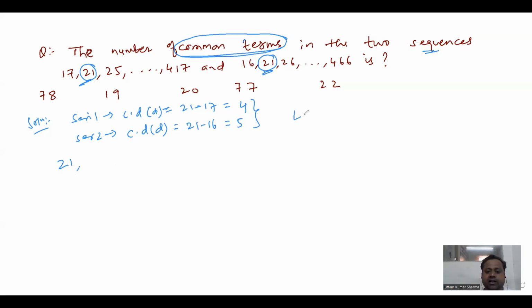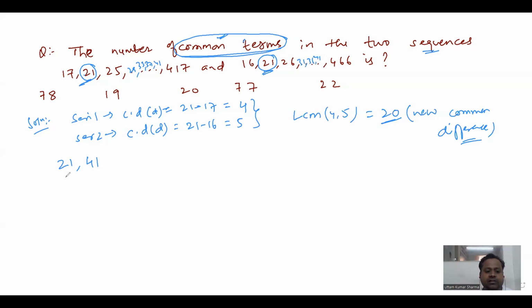And after that, the LCM of these two common differences, that is 4 and 5, which is 20, would be the new common difference. Are you understanding? The new common difference. I hope this is clear. So a new series of common terms of both will be formed, in which the first term is 21. Next, if you keep writing here 29, then 33, then 37, and 41, and here 31, 36, 41, you get 41. So this common difference is 20. This series will run, so there will be another series having a common difference of 20. You can easily write 61 and so on.